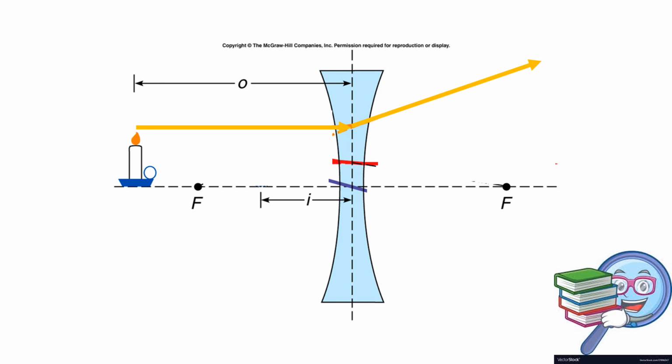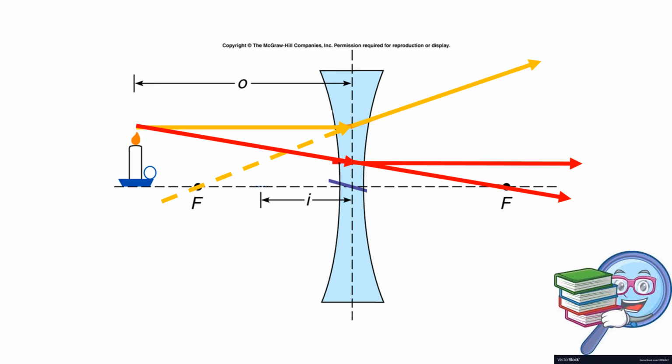When you extend the refracted rays, they will pass through the virtual focal point. Ray 2 will pass through the real focus and be refracted parallel to the principal axis. When you extend the refracted rays in front of the lens, you will see that they meet at a common point.